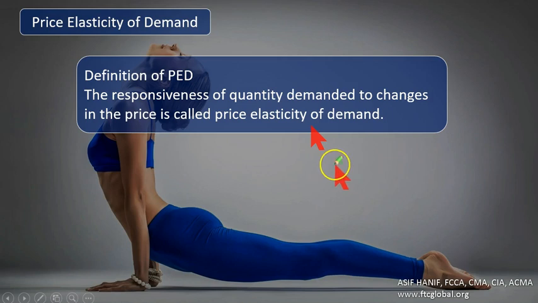Conversely speaking, if price decreases, it will result in increase in quantity demanded, but to what extent does the demand increase? How would demand respond to changes in price? This is called price elasticity of demand. Measuring it and interpreting the result is the agenda for today's lecture.